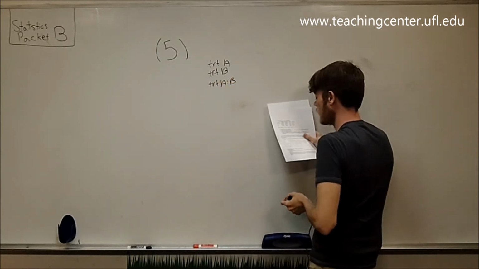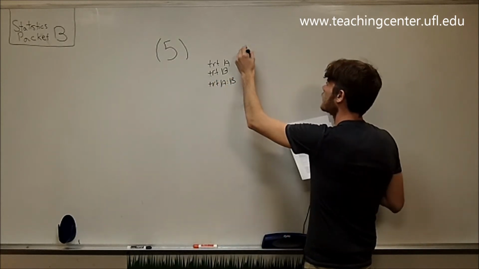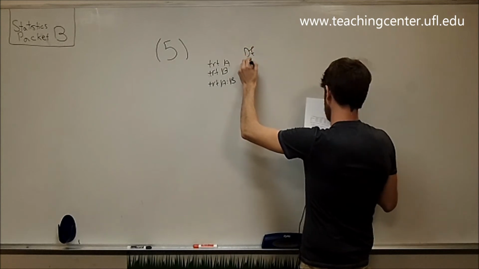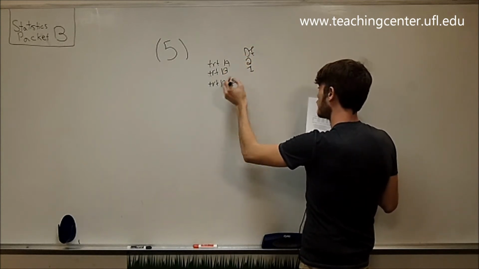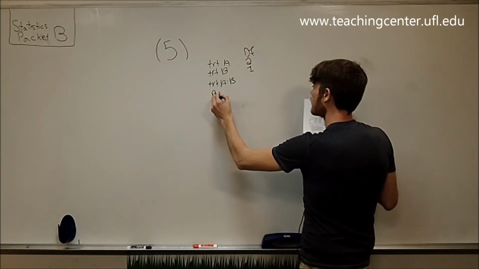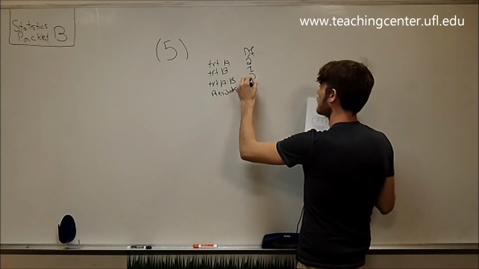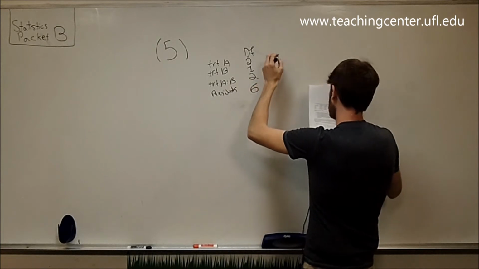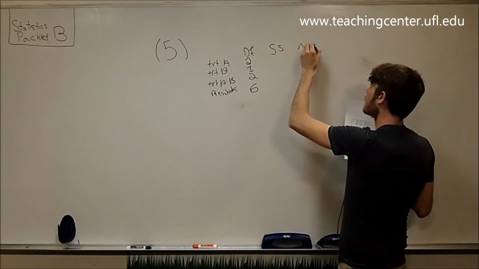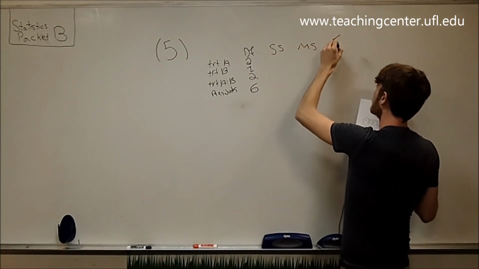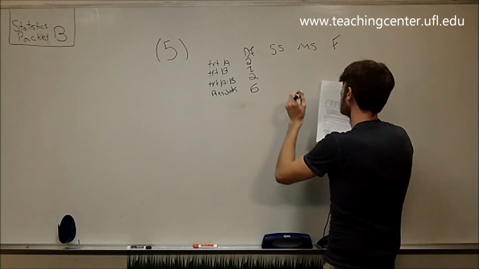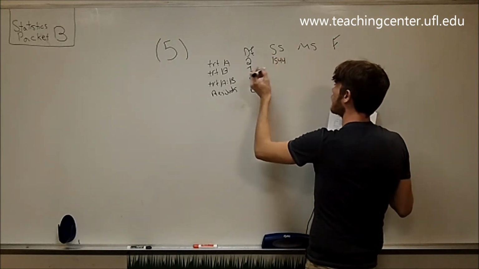So this is a two-way ANOVA with interaction. So you guys should be pretty familiar with this. Let's see. We have one. So this is another real-life example.